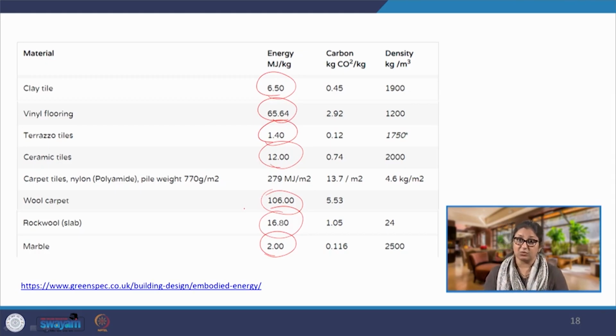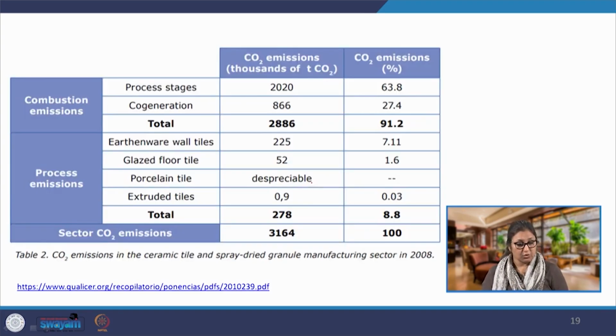The processes required in doing that have lesser emissions resulting from combustion, but they have very heavy process emissions, because the cleaning agents that are used release a lot of greenhouse gases, not carbon dioxide probably, but gases which are way more potent than the combustion of fuel. And then lastly, we have materials such as carpet tiles or nylon, again synthetic materials which are even higher than them.